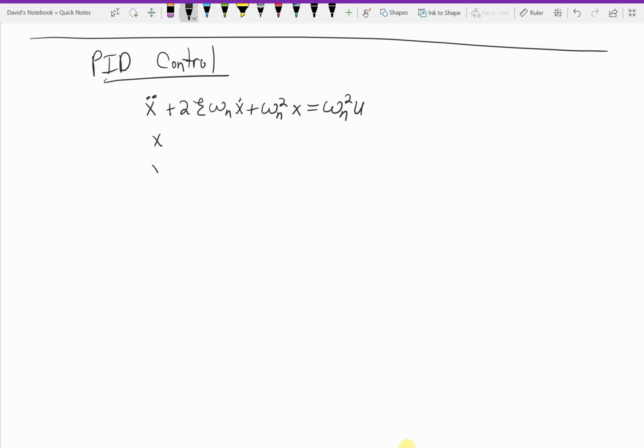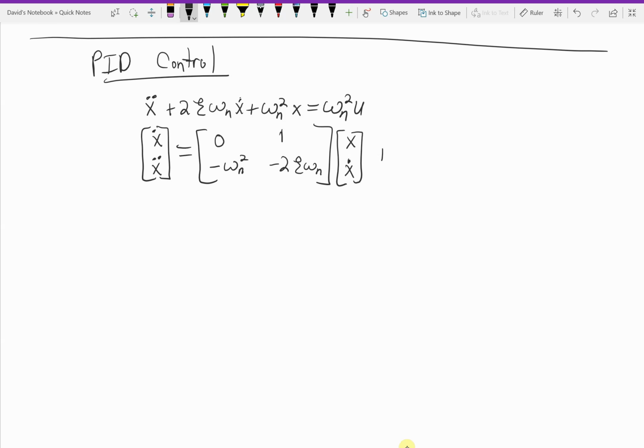Our state space form for this system will have this A matrix, which is a function of the natural frequency and the damping term. And this B matrix. And remember, if our system doesn't fit perfectly within this, we can simply redefine U in order for that to be true.